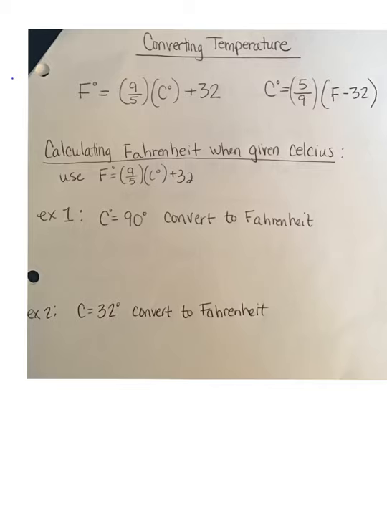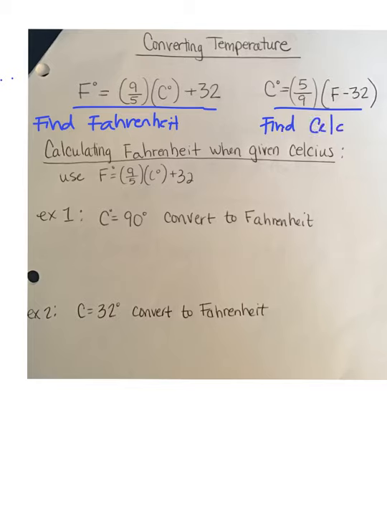So if you have Fahrenheit, how you could find Celsius, or if you're given Celsius, how you could find Fahrenheit. So there are two formulas, this formula here and this formula here. This first one is to find Fahrenheit, and this one is to find Celsius.